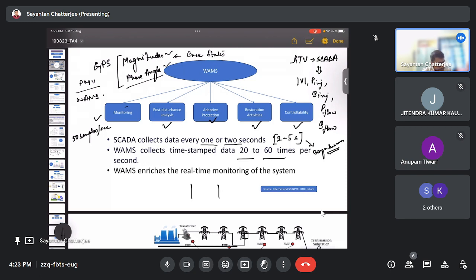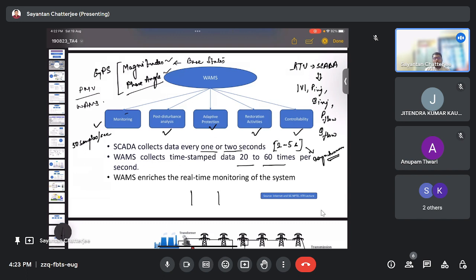and hence in some cases post-mortem analysis is also done. In the 2012 blackout, during the overloading scenario, the distance relay tripped off due to the line overloading limit, and hence there was a cascading effect. The northeastern grid, the northern grid, and the eastern grid, all these were affected, and the western grid also.